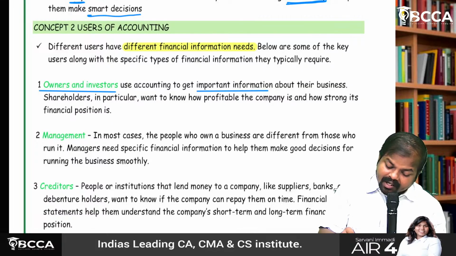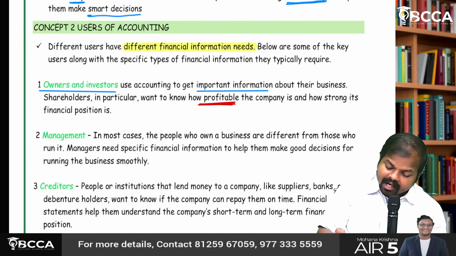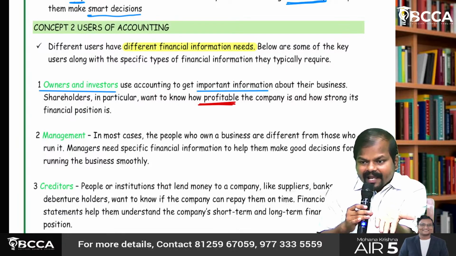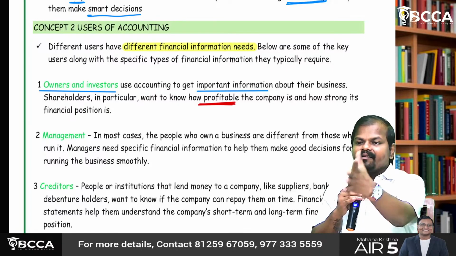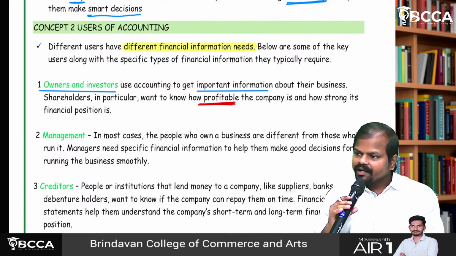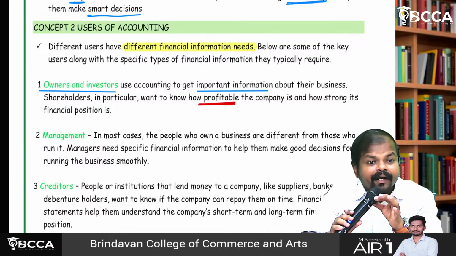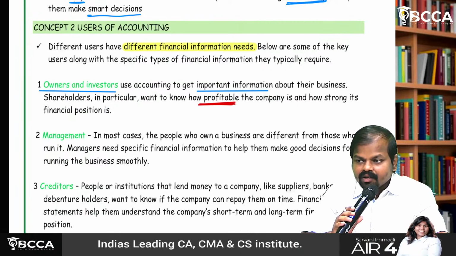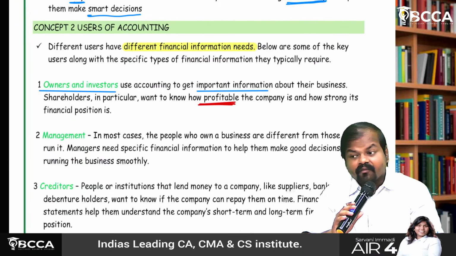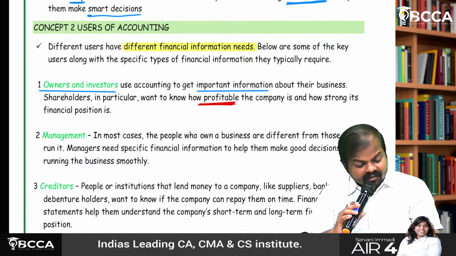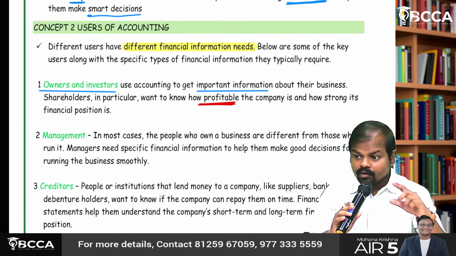Shareholders in particular want to know how profitable the company is. I told you, please earn more, pay more dividend. Clear? This statement might not be agreed with by an FM student. In FM, if you have the full knowledge of FM, one statement comes to your mind.